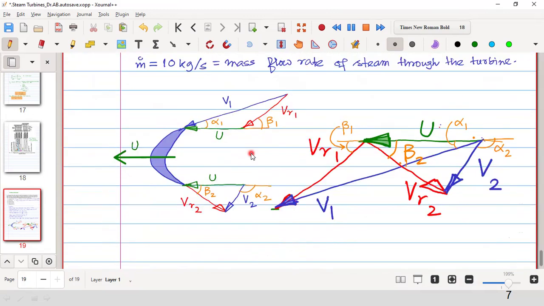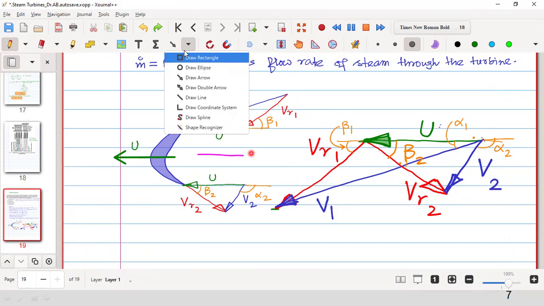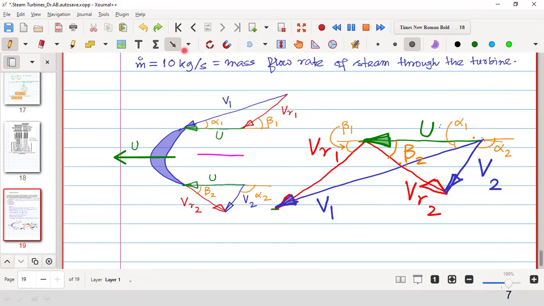Meaning is that on the blade there is an axial component of force, this is the axial component of force, and there is a tangential component of force.